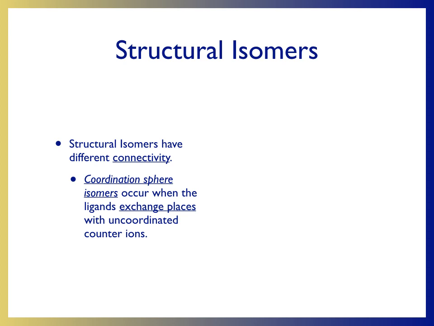Other species that are seen in coordination compounds are counterions. In a coordination sphere isomer, the ligands can actually exchange places with uncoordinated counterions. Here's a good example of a coordination sphere isomer.